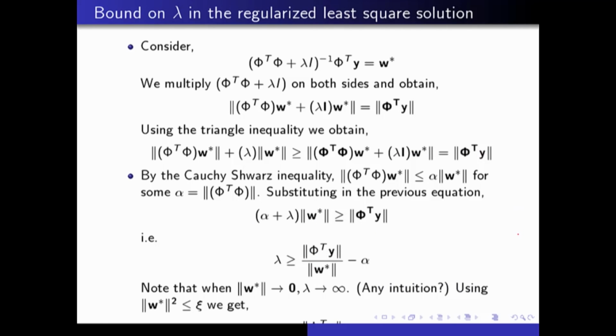We can do a little bit more, and actually write down some possible bounds for lambda. So consider the solution to the KKT condition. We multiply phi transpose phi plus lambda I on both sides, and we get this very interesting norm equation.